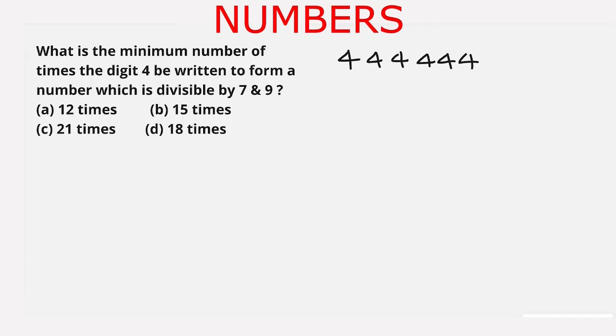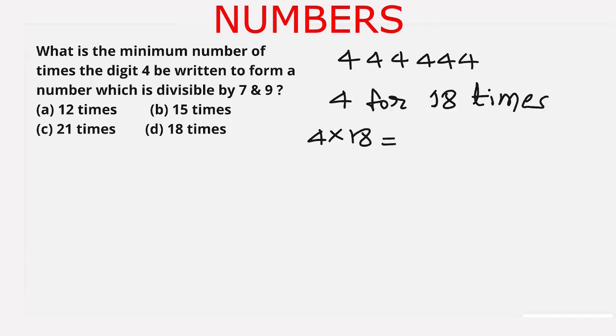So the next minimum number of times 4 is written is 18 times, so that it will be divisible by 7, and 4 multiplied by 18 is 72. Then the sum of digits will be 72, and 72 is divisible by 9.